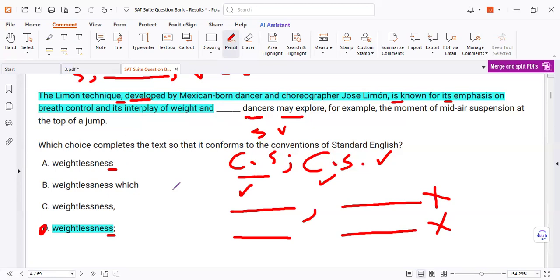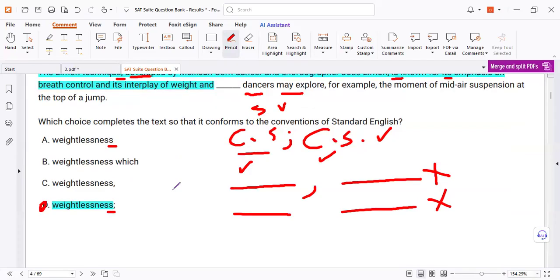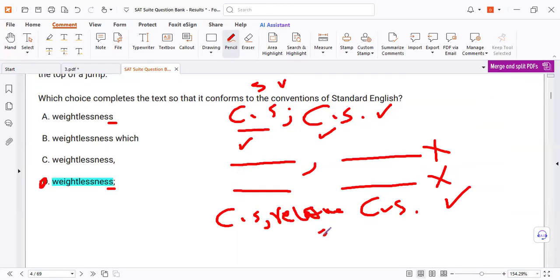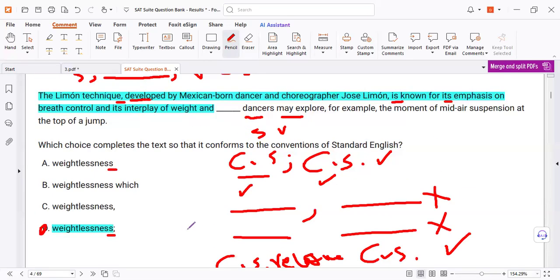Now we have a very big trap. Please take care of it. Complete sentence, comma, relative pronoun, complete sentence, full stop, correct, if this relative pronoun connects the second clause to the first clause. So weightlessness, which dancers may explore.